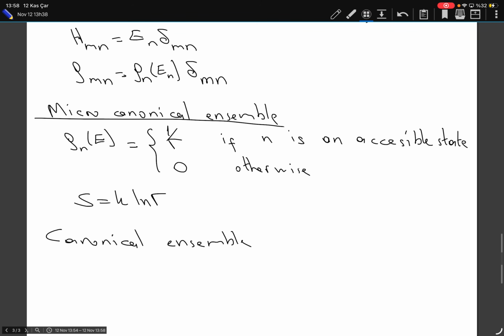In the canonical ensemble, rho n is e to power minus beta En. Well, that E is kind of superfluous because n already specifies the energy. n is the state, so it specifies the energy of my system.